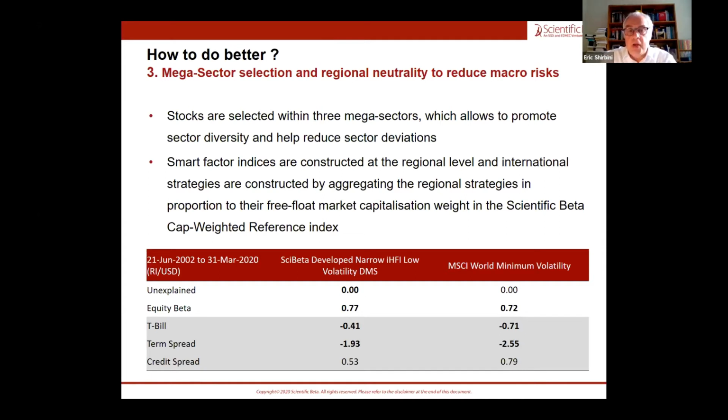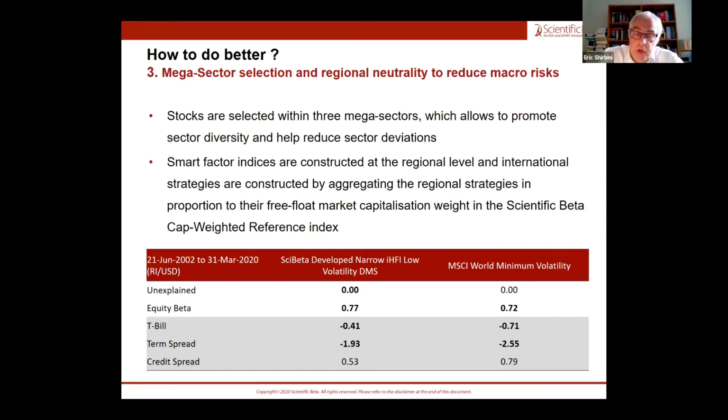So we have some kind of overall balance across the sectors. We also offer a sector neutral version where you do more precise sector control, but the more sector constraints that you apply, the more exposure you lose to the low volatility factor. So this mega sector approach is a good balance. It provides good sector balance without really losing exposure to the low volatility factor.